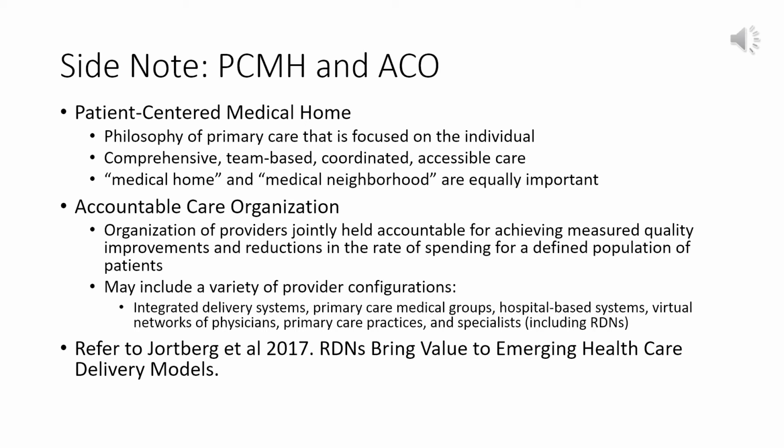And so there's many of them out there, and they can include a variety of different providers, which includes primary care practices and specialists, including dietitians. And basically, they come together and recognize we are an ACO, and we are accountable for making sure that there's these health improvements and this efficient rate of spending.